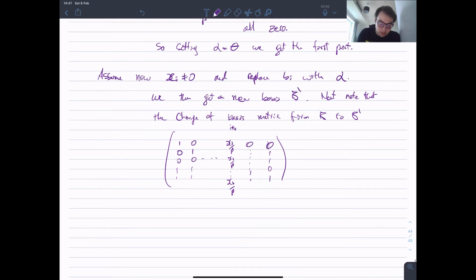And this matrix has determinant xi over p. I'll let you figure that out.